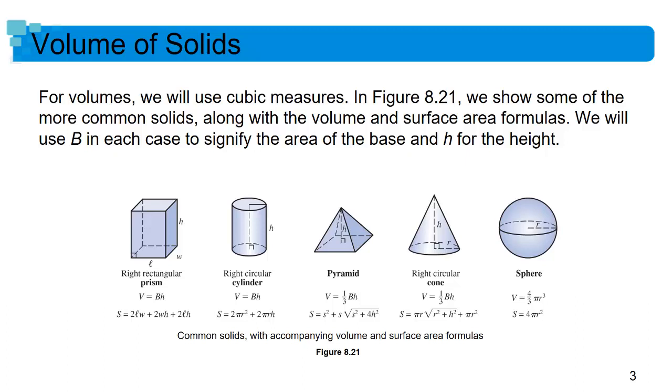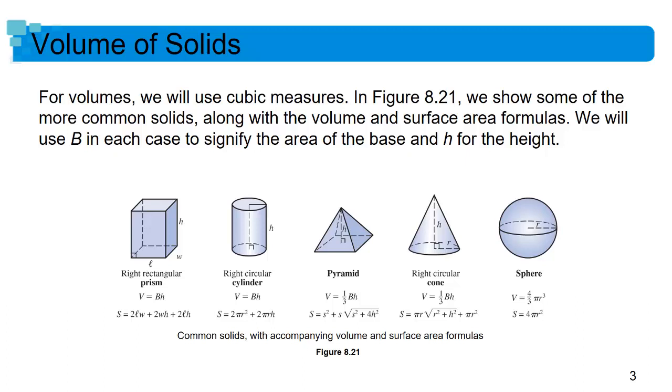We have things that are called right rectangular prisms, which are basically any kind of shoebox shape, but really these can be generalized. You can really consider anything that has a base and then perpendicularly vertical walls to that base to be a right rectangular prism.